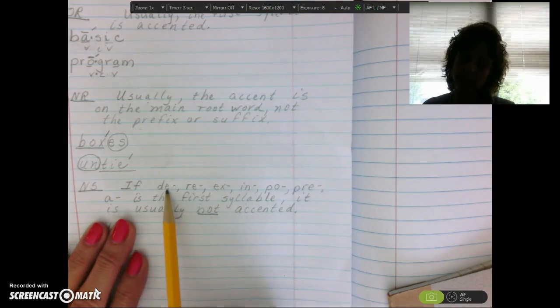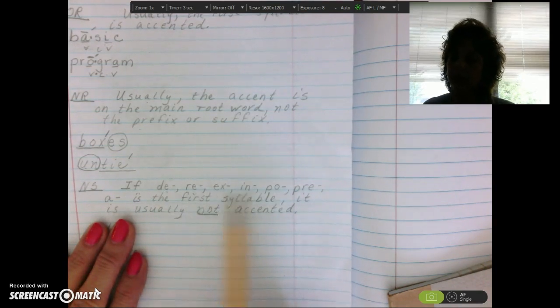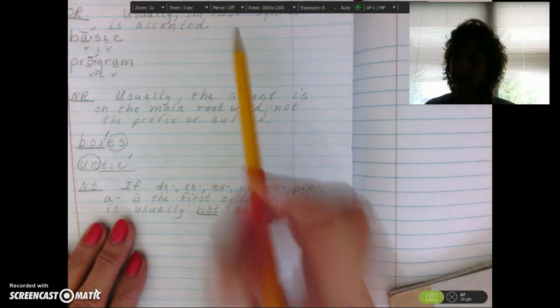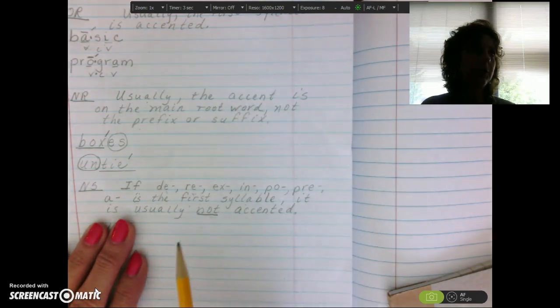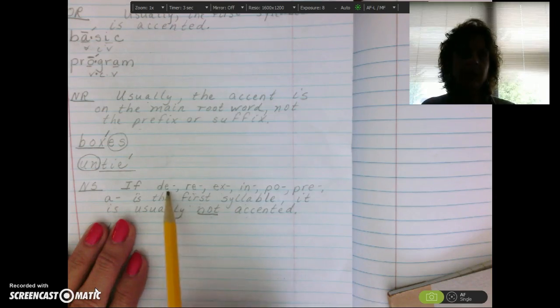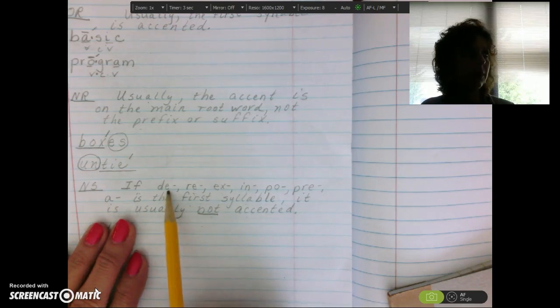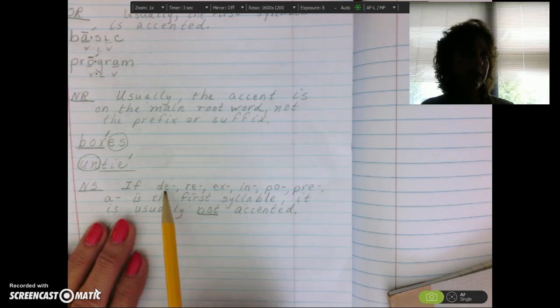Now, this is still considered a prefix, so that kind of goes back to the other rule about prefixes not being accented. But in some words, these are actually part of the word, like deploy, D-E-P-L-O-Y. It's not a prefix, it's actually part of the word. So the D-E would not be accented.